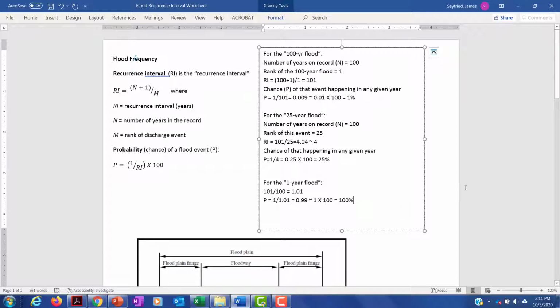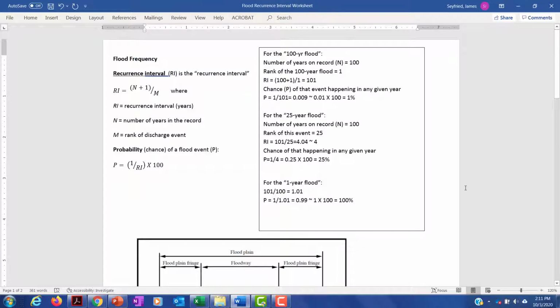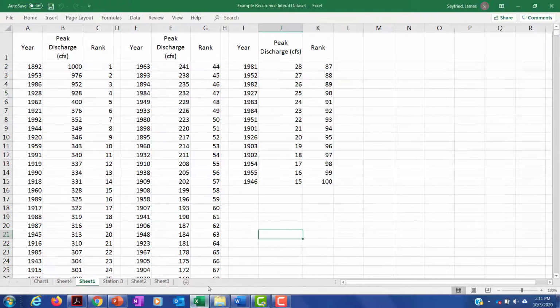And again, what you do, if you're living on the Sacramento River, you take all the peak flow events on record. And for the Sacramento River, it's actually been monitored for several decades, obviously. And you simply take all those measurements, the highest flow each year, rank them, and use that formula. The lowest event, it might be intuitive, occurs most often.